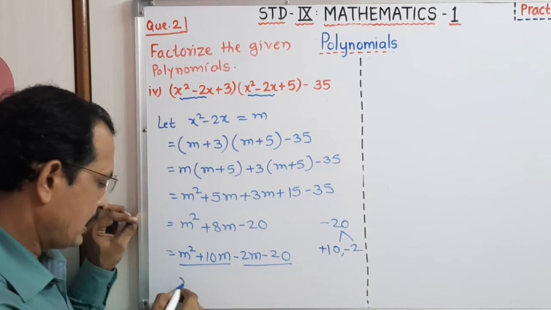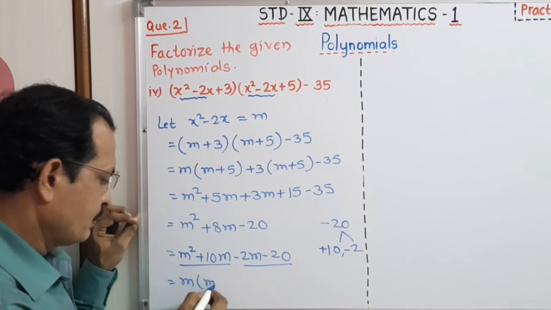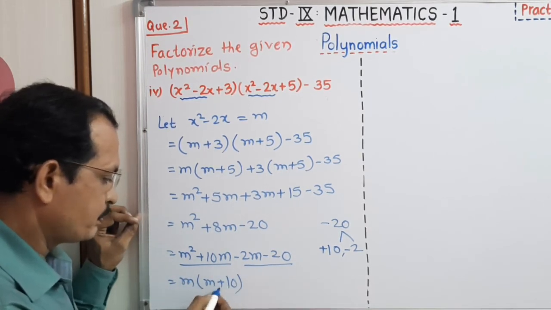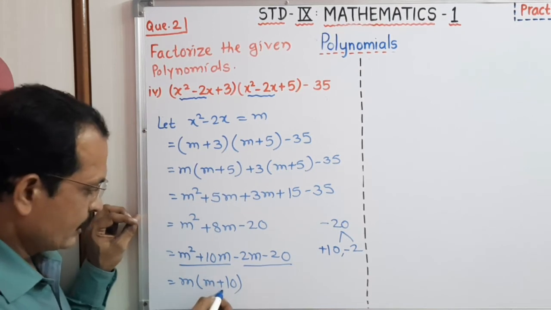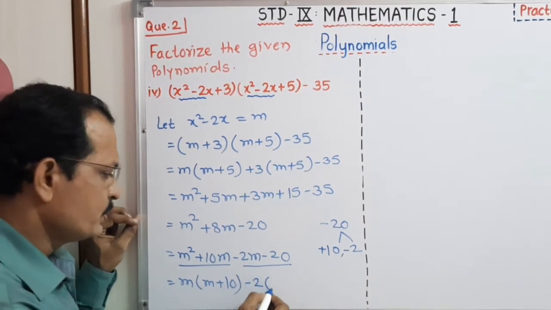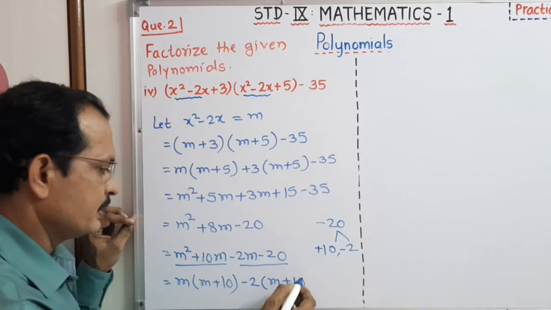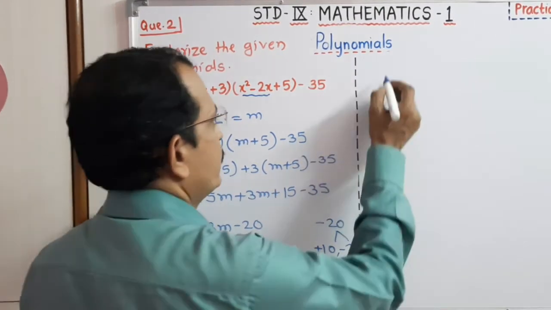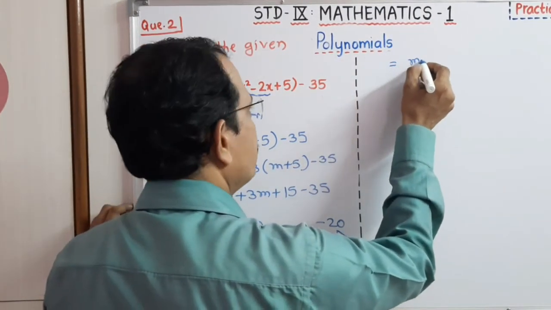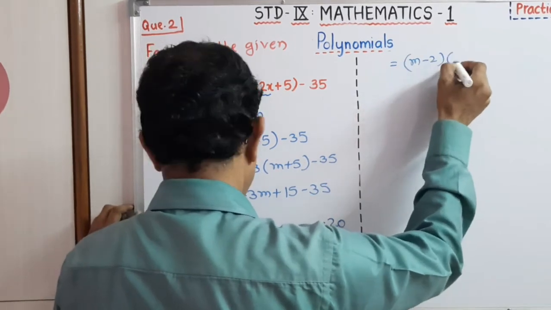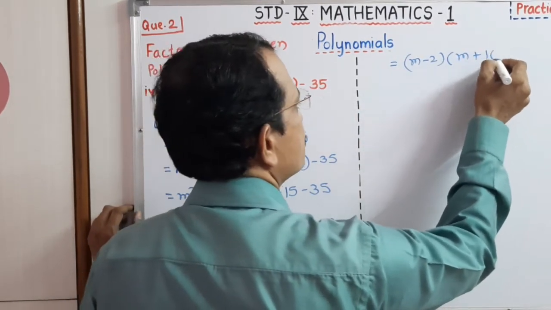Yes student, m plus 10, minus 2 into m plus 10. Therefore we got here m minus 2 into m plus 10.